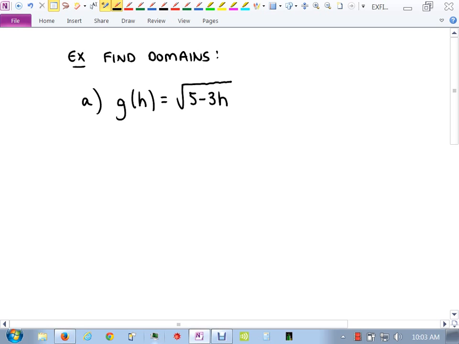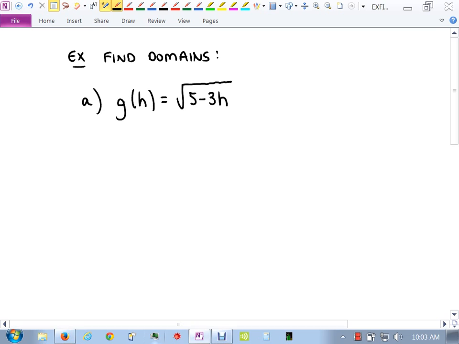G. What does g do? Well, it takes in a value of h, right? Whatever you give it, multiplies it by 3, takes that answer away from 5, and then takes the square root. And what I want to know is what can you not plug in? Or can you plug anything you want in?